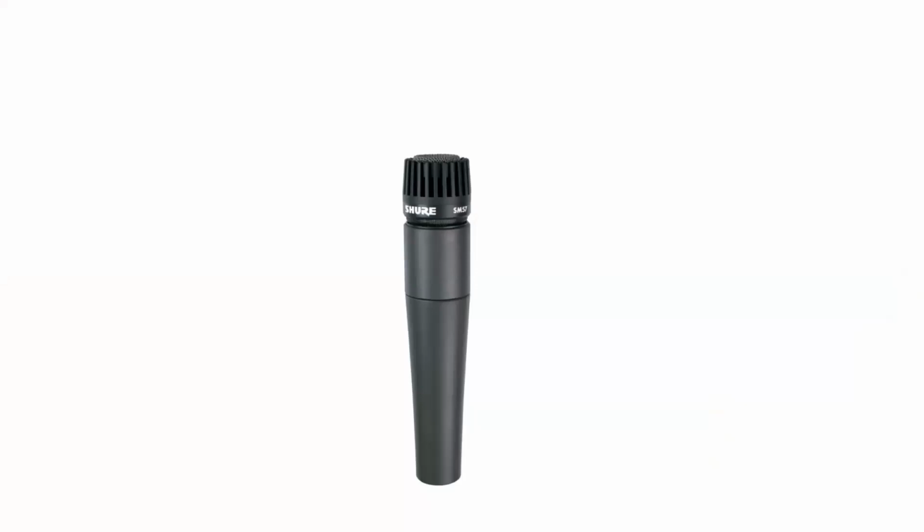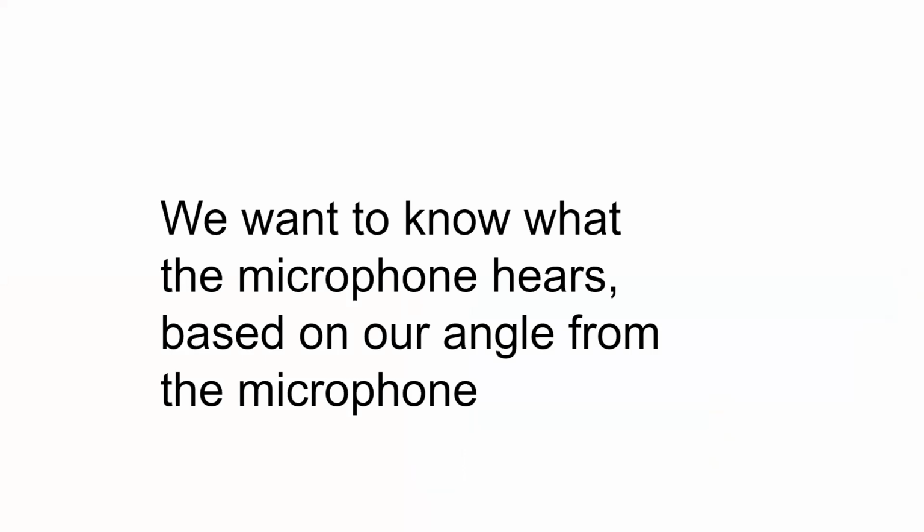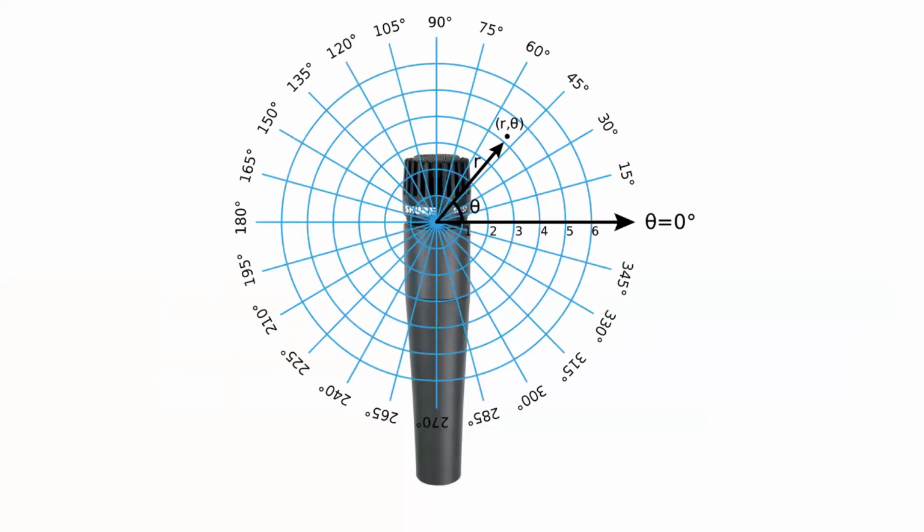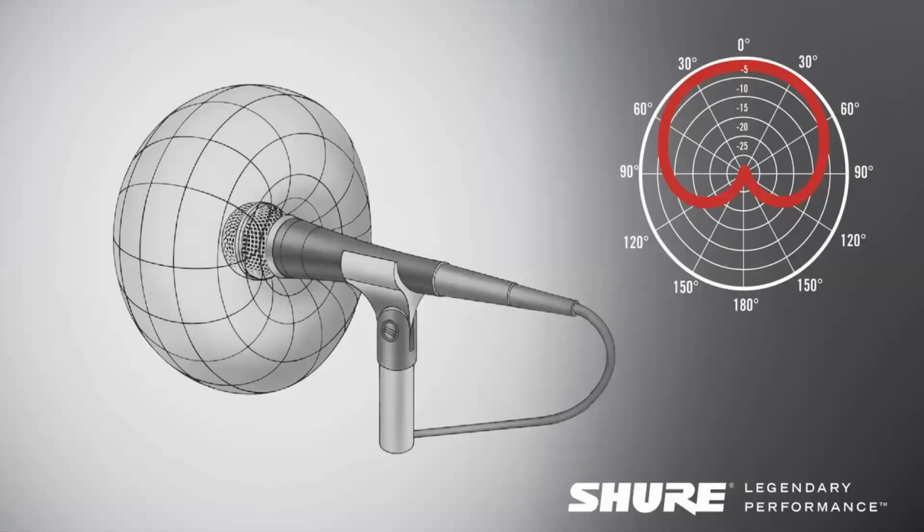Okay, so next thing to define is this idea of a polar pattern. You want to know what the microphone is hearing based on the angle of the sound source from that microphone. So you can put that in polar coordinates. You want to know that angle, and then you can sweep around, just like that plot of the sound moving around the person's head. You can make a plot of the sound moving around the microphone, and you can say, this is where the sound's coming from.